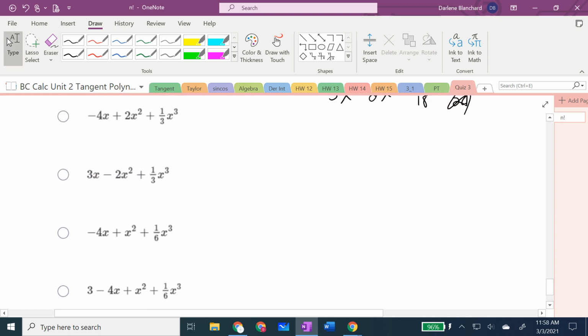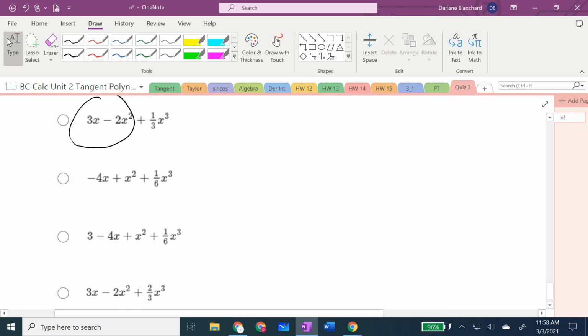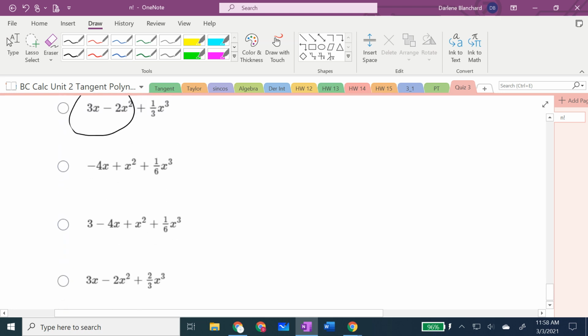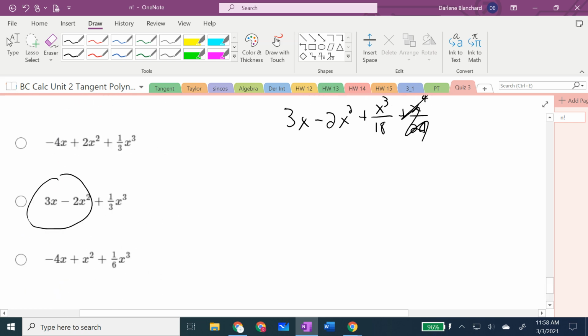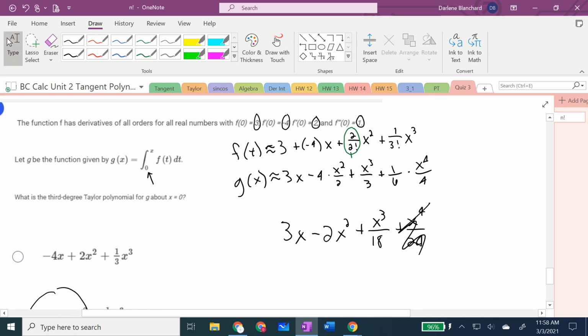Did anyone see an error that I made? For the first 2 terms, okay. Anyone see where something went wrong?